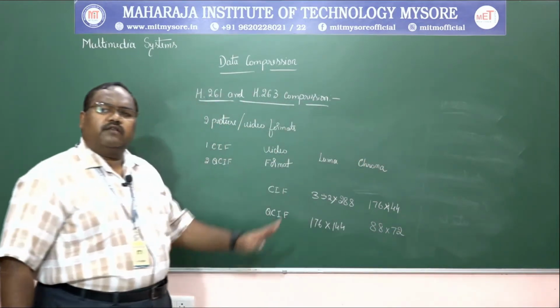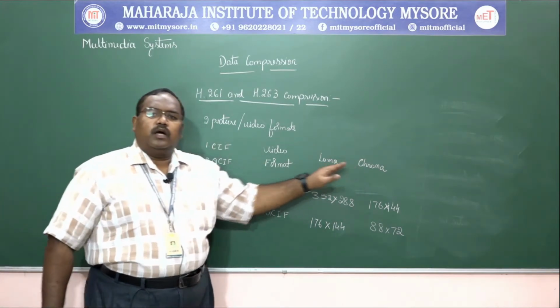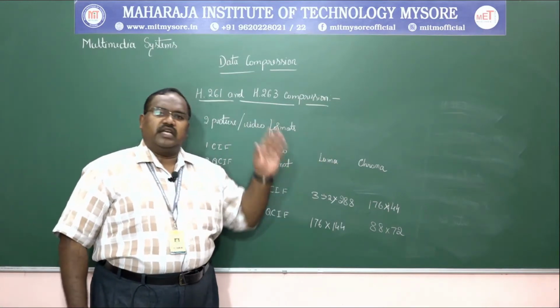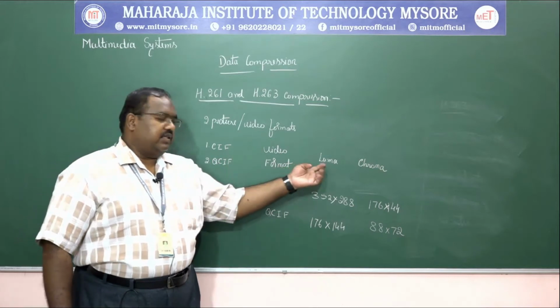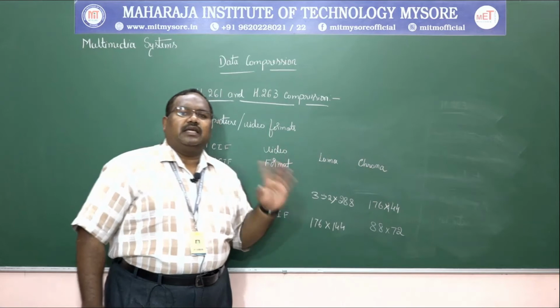Now what do we get from this? Luma stands for luminance and chroma stands for chrominance. Luminance is nothing but the brightness in the image, whereas chrominance is the color in the image.